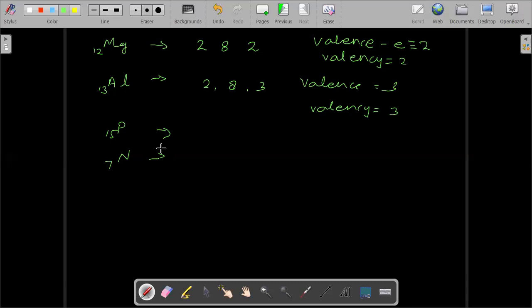No. How 31? You write it, the configuration is 2, 8, 5. Shravan, what is the valence electron for phosphorus? 5. And what is the valency?